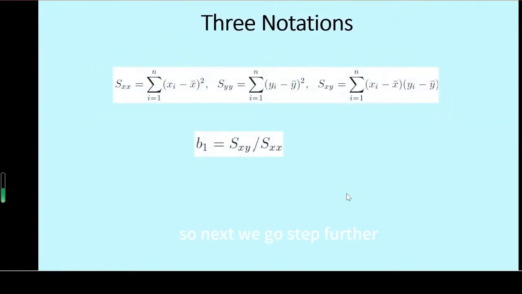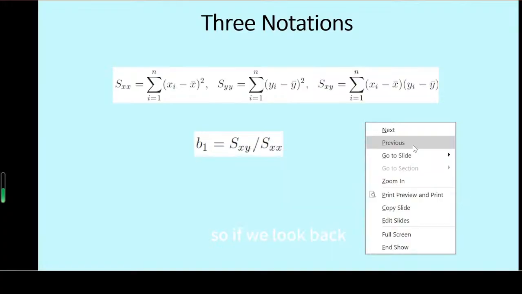So next, we go a step further. There are three notations. Sxx is the sum of squares between x and x bar, and Syy is the sum of squares between y and the mean of y. And Sxy is the cross product, the sum of the cross product of x from x bar and y from y bar.